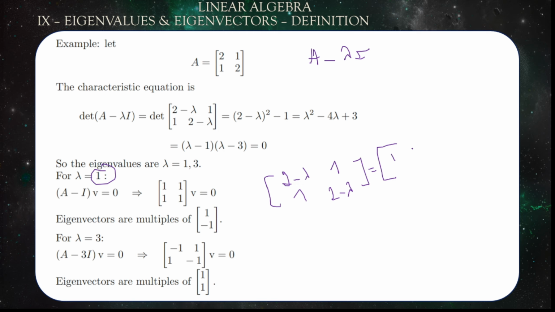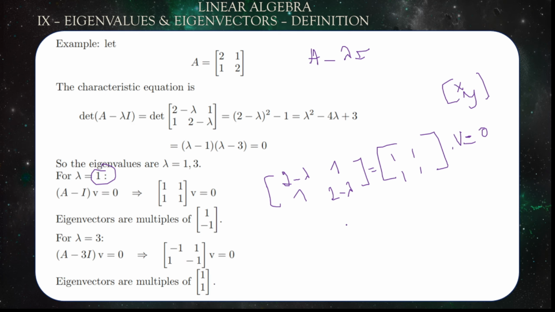So it is 1, 1, 1, 1. And you multiply it by a vector equal to 0. The vector is the one that we will designate as an eigenvector, okay? So the vector v has the coordinates x, y. We need to find x and y in such case. This is how we solve it.